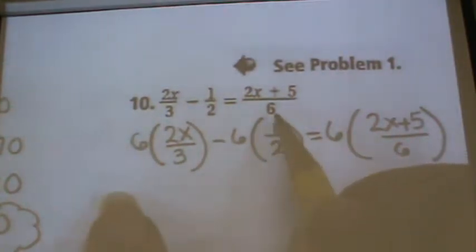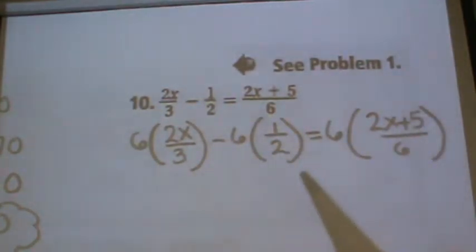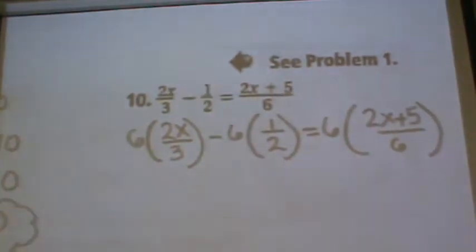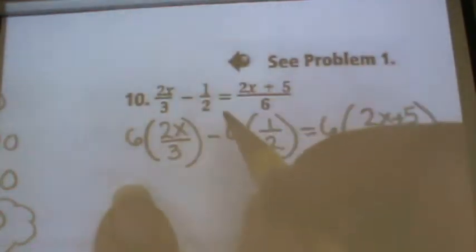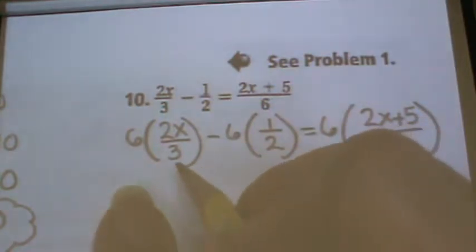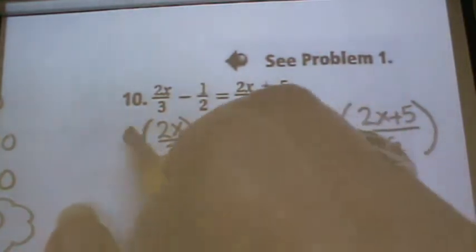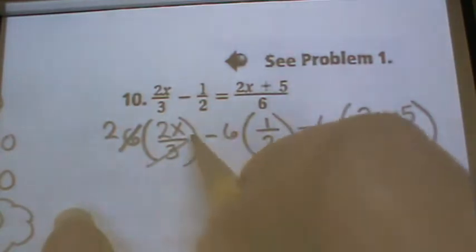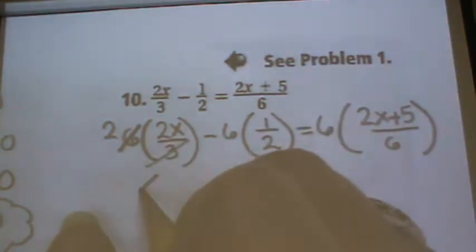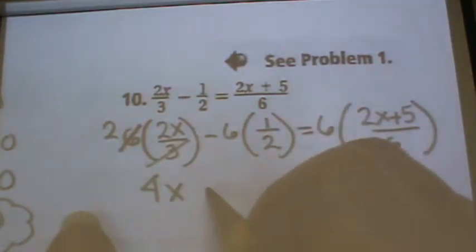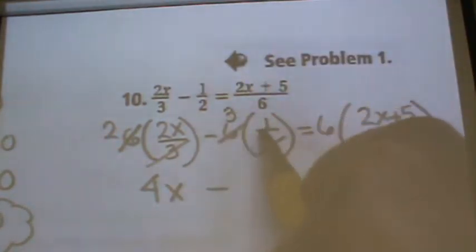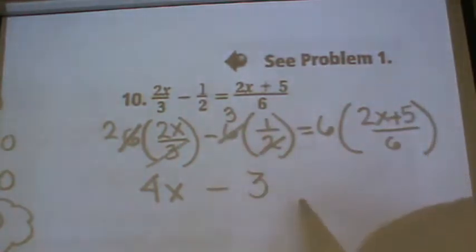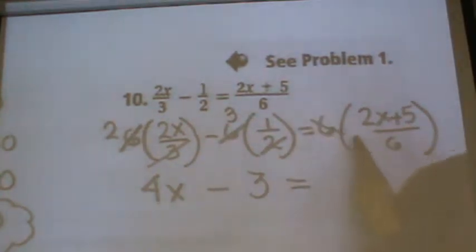Why? 6 is the biggest, but the smallest, if that makes sense. The number that will get rid of a 2, a 3, and a 6. So, how many times does 3 go into 6? Twice. So what do you do with this 2 and this 2x? You multiply them. 2 goes into 6 how many times? 3, so what's this? 3. 3 times 1 is 3, and then these cancel out completely.